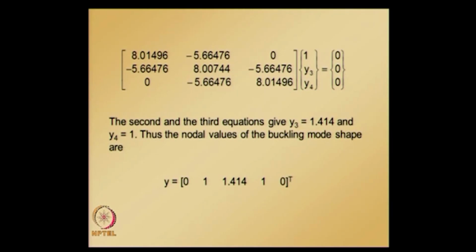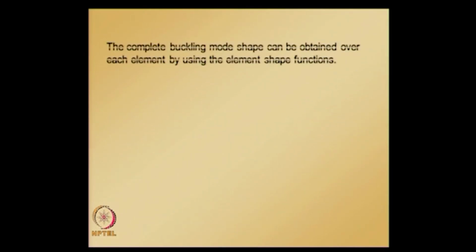So, buckling mode shape is given by these nodal values, and the complete buckling shape can be obtained over each element by using element shape functions. Once we get the nodal values, that is y1, y2, y3, y4, y5, we can do interpolation using finite element shape functions and get the complete buckling mode shape.